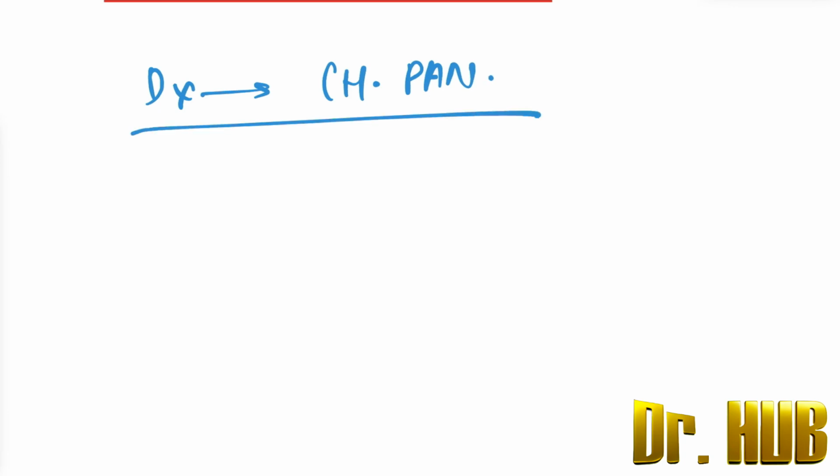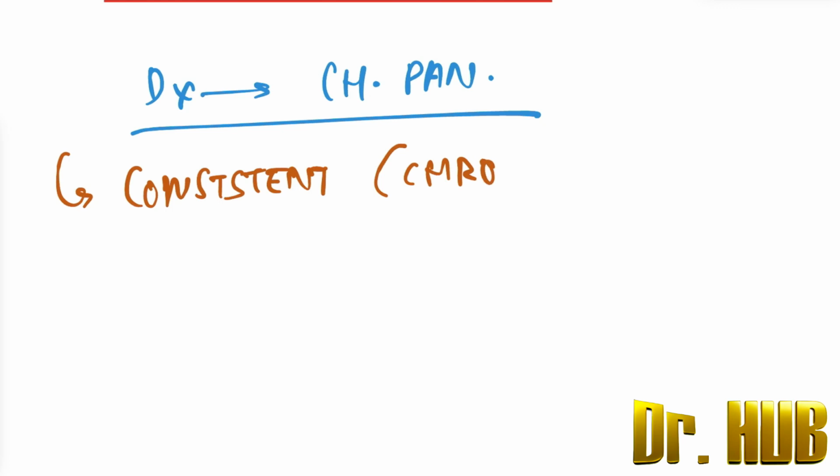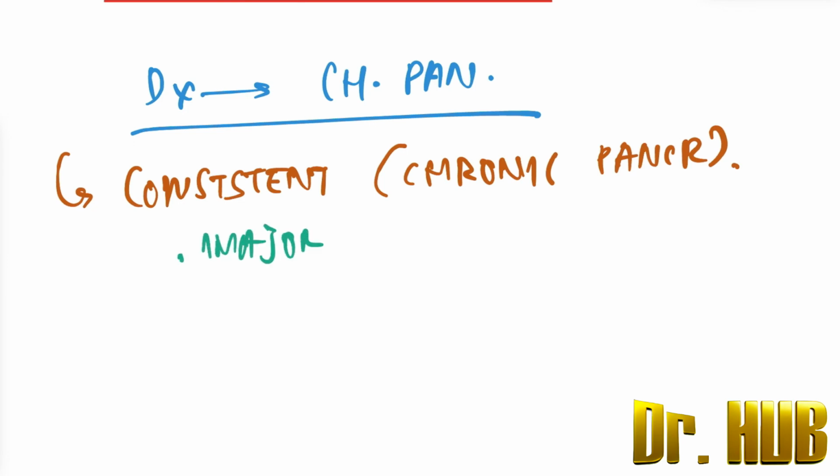The first heading will be consistent with chronic pancreatitis. That is, it includes one major A criterion plus greater than or equal to 3 minor criteria.